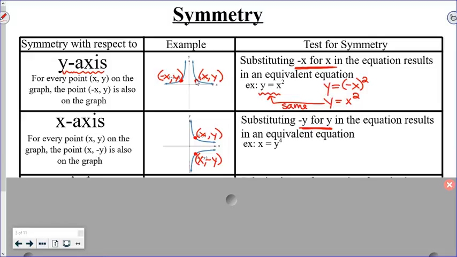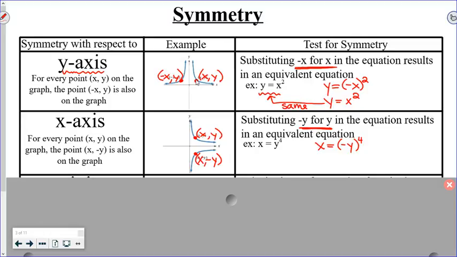My very basic example for you is the equation x equals y to the fourth. If I were to test this for x-axis symmetry, I would replace y with negative y wherever there was a y in our equation. I would have to remember my algebra rules, and my algebra rules say that if I ever raise something to an even exponent, it always turns out positive regardless of what I plugged in there, right?